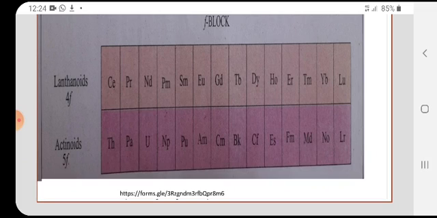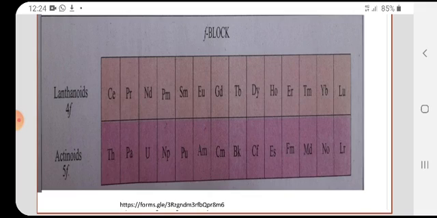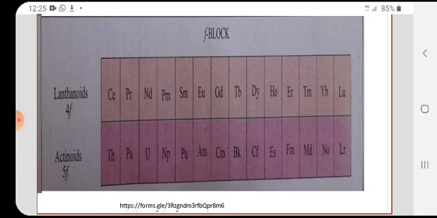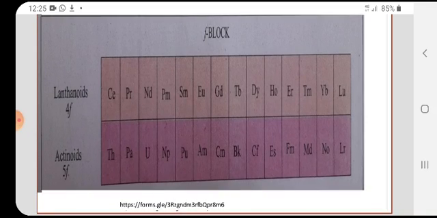Actinides run from thorium, atomic number 90, to lawrencium, atomic number 103. There are also 14 elements with similar chemical properties, and the outer electronic configuration is (n-2)f1 to 14 (n-1)d0 to 1 ns2. The last electron added to each element is filled in the f orbital, and these two series of elements are hence called inner transition elements.